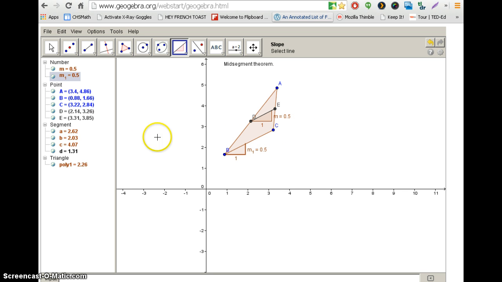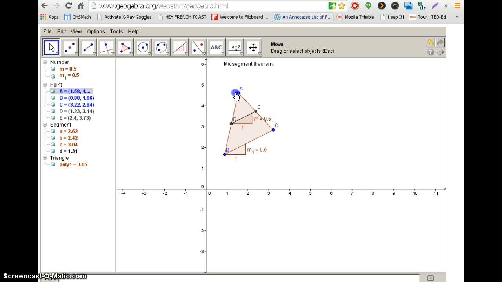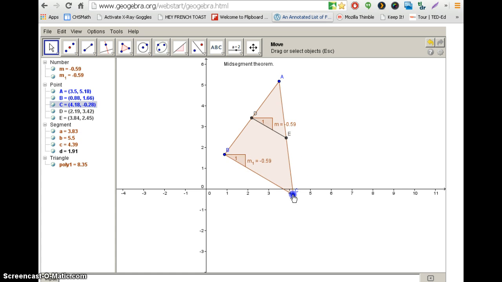And let's see if that's always true. Well, what we do is if we drag and change our triangle a little bit, notice that by changing this does not change the slope. The slope's always the same. What if I change C? I get the same slope there on each one of those.